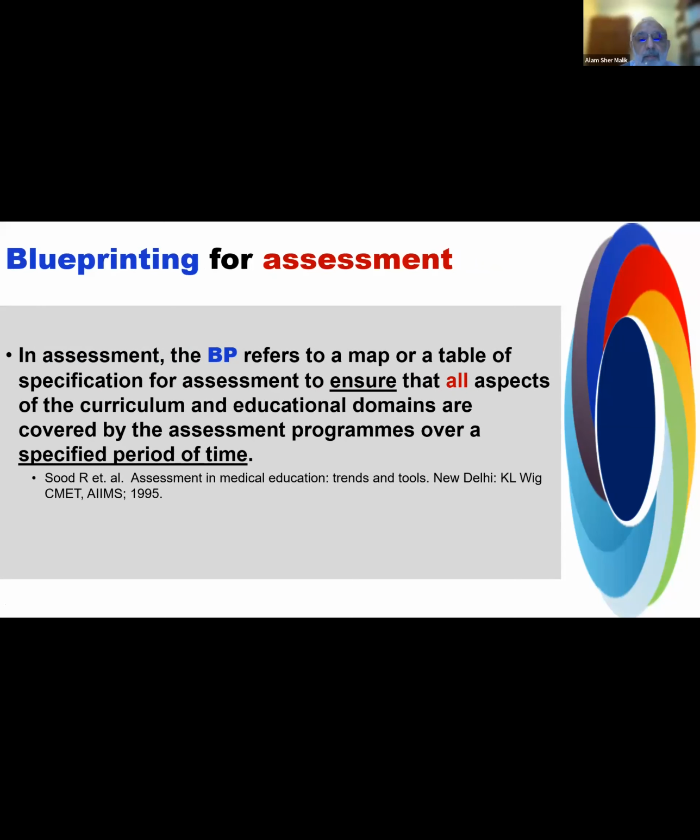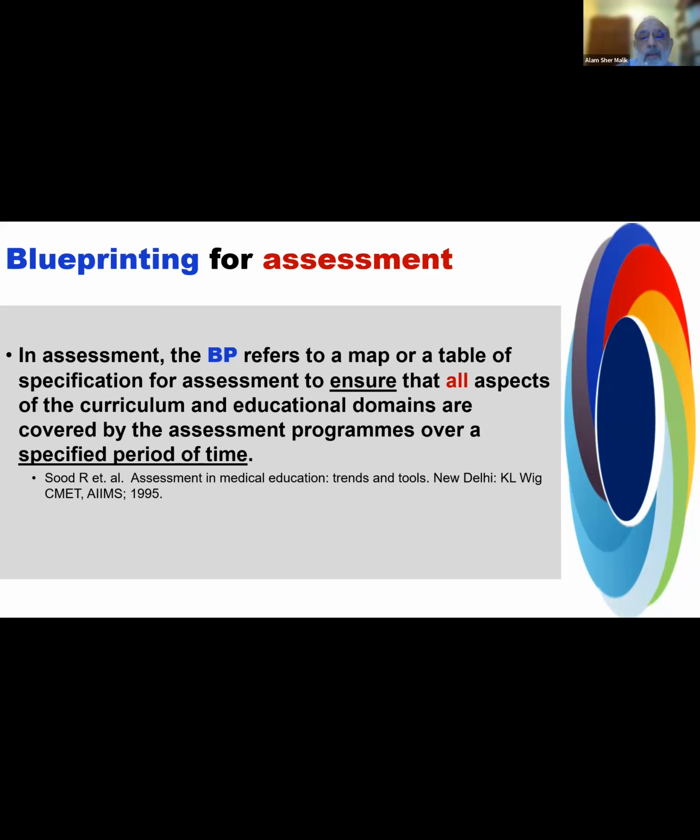In assessment, blueprinting refers to a map or a table of specification for assessment to ensure that all aspects of the curriculum and educational domains are covered by assessment programs over a specified period of time. So based on the last few slides which I have shown, we can clearly say it's the mapping of the assessment.